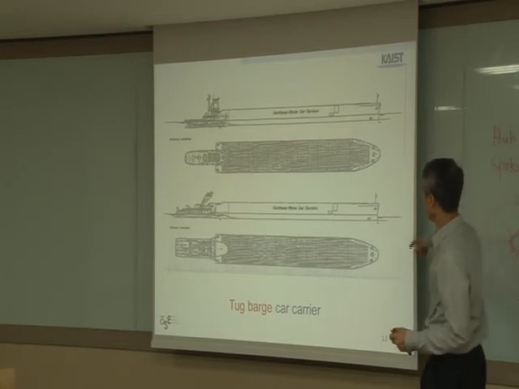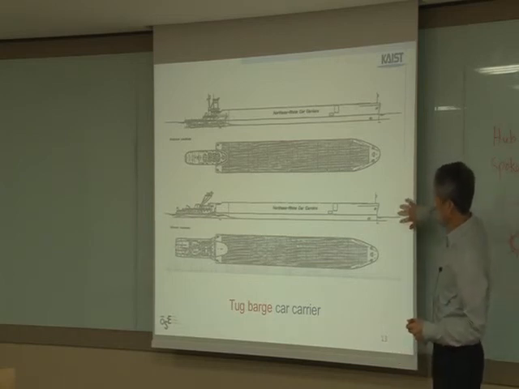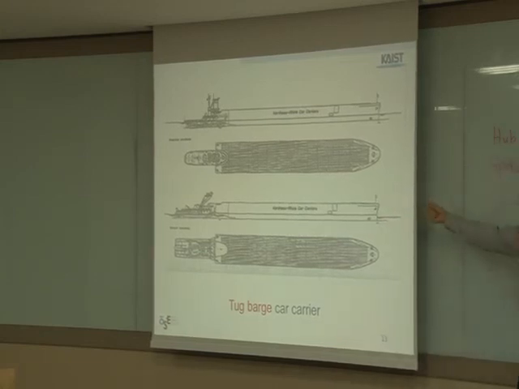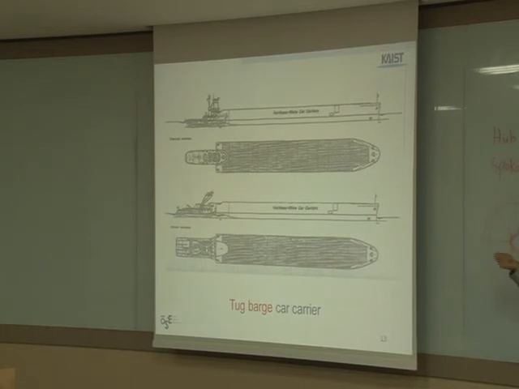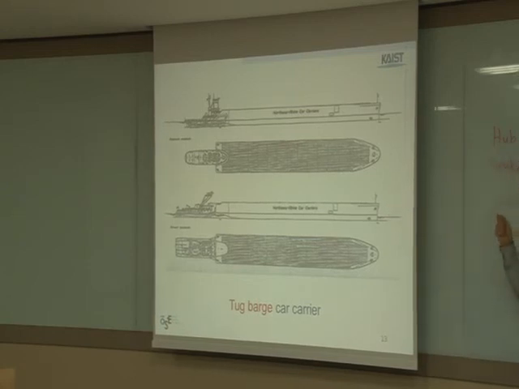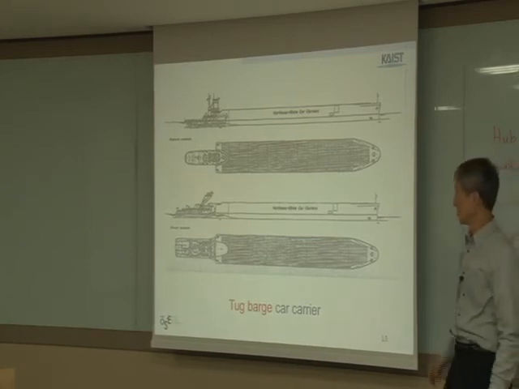Pulling, you should have a tugboat here and have a rope there and go in this way, pulling the rope. There is a normal case, the traditional way of tug and barge with a rope. But how do they change the direction in this situation?